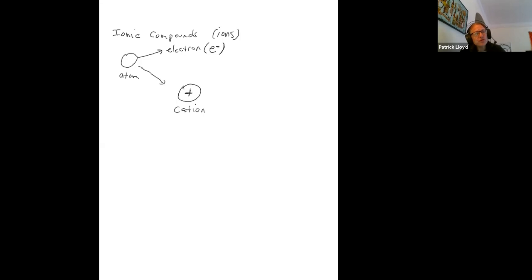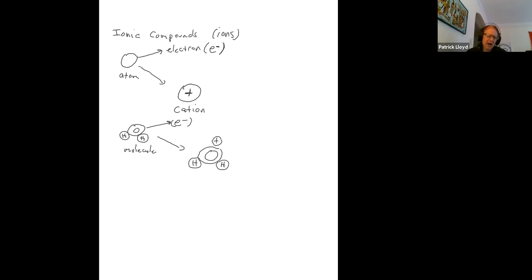But you can also do it with a molecule. So for example, let's say we have H2O. So there's your oxygen and 2 hydrogens. So this is a molecule, right? H2O. You can also remove an electron from a molecule. And if you do, what you get is a charged molecule. So now, just like with the atom, it has a positive charge.